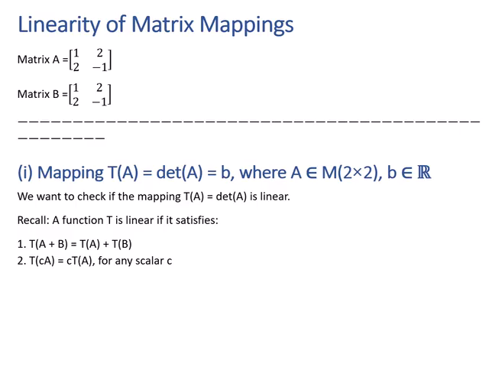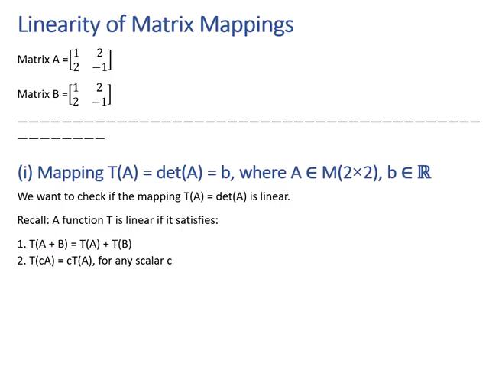That's the first condition. And the second condition, you also establish based on the data you have been given here. We have been given matrix A to be this and matrix B to be this. See that they are the same. Matrix A and B are the same. So the first thing for us to do is to find the determinant of A. How do you find the determinant of A?